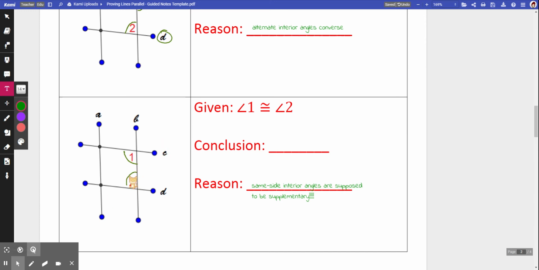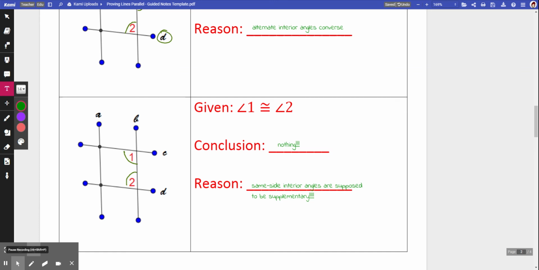We were told that they're congruent, we want them to be supplementary, so that doesn't tell us anything useful. We could have these two angles be pointing inward towards each other, forming an isosceles triangle, or pointing away from each other, forming an isosceles triangle on the other side, or they could be right angles where they're congruent and supplementary, so they are forming parallel lines, but we don't know any of that. All we know is that they're congruent, which is nothing useful.